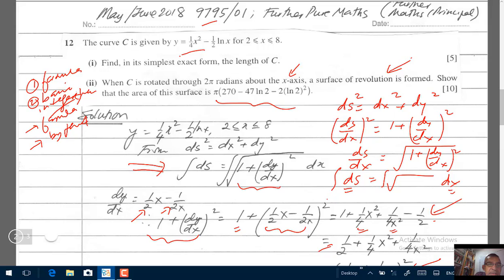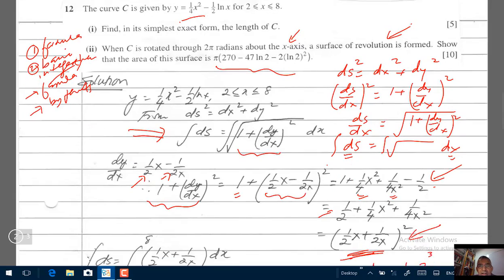I consider this basic integration for a problem like this. So you need to know the formula, you need to do a little bit of algebra, cleaning up, and then you need to use some techniques of integration like by parts and maybe substitution. And then plug in the numbers, the limits going from 2 to 8.